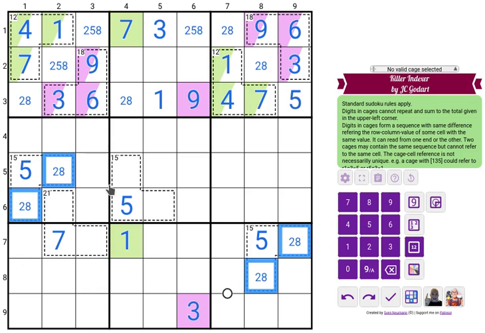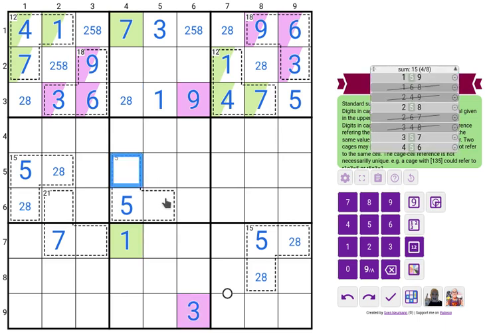and then we have 3 7, so 7 3, 3 won't work, and 4 6.